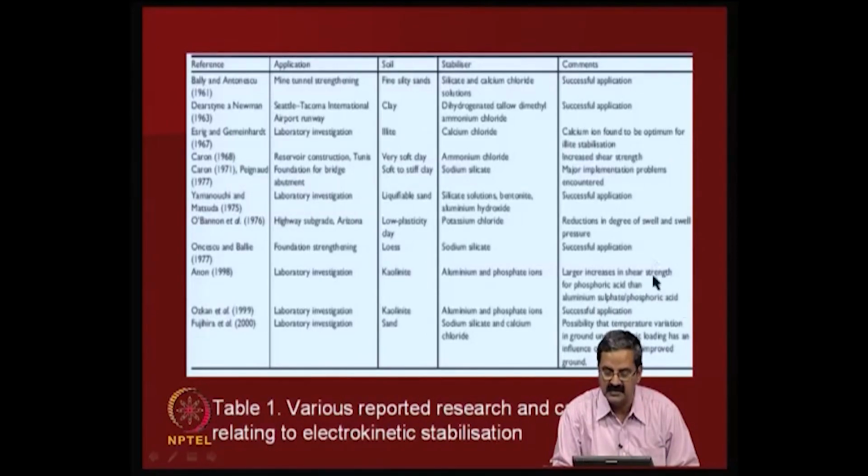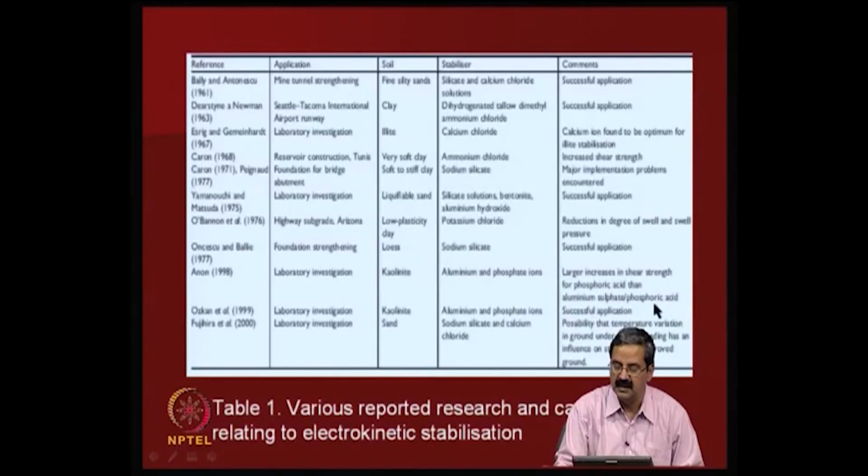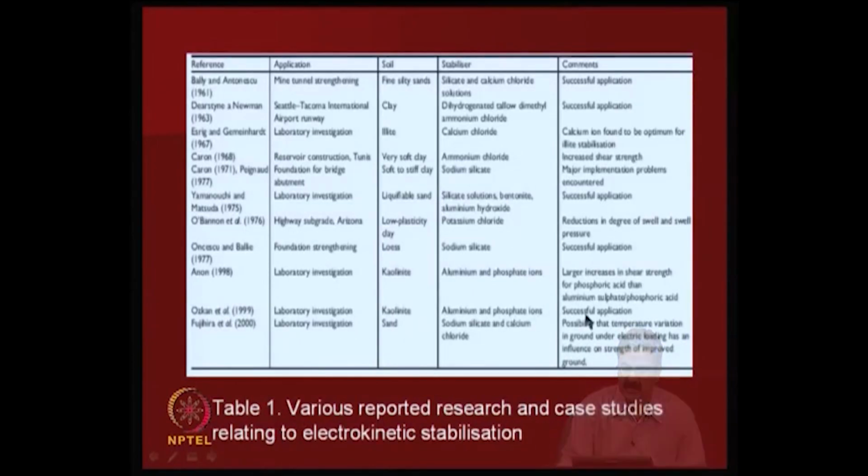So they took two types of ions, aluminum and phosphate, and found an excellent benefit from the phosphate ions. These were laboratory investigations and it was successful. So you have a number of studies that were quite helpful in giving confidence to the profession in the use of this technique.